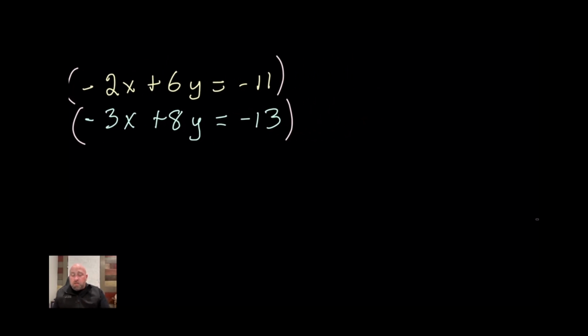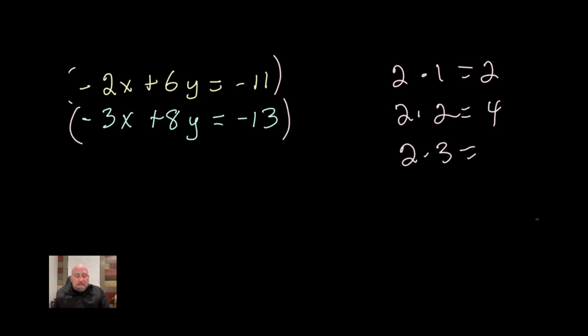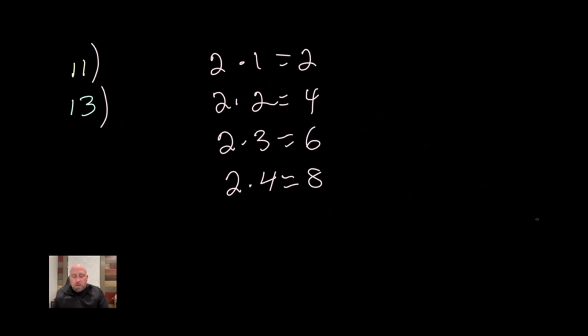In arithmetic, you should have learned that the multiples of 2 are: 2 times 1 is 2, 2 times 2 is 4, 2 times 3 is 6, 2 times 4 is 8. Now we need to do the multiples of 3. So 3 times 1 is 3. 3 times 2 is 6.